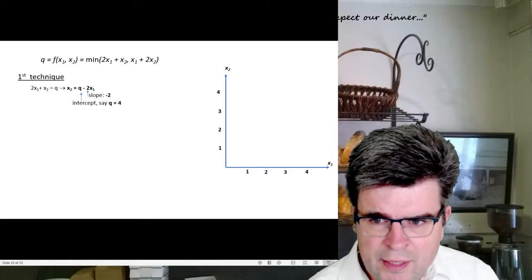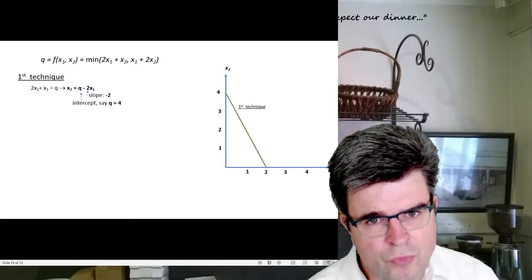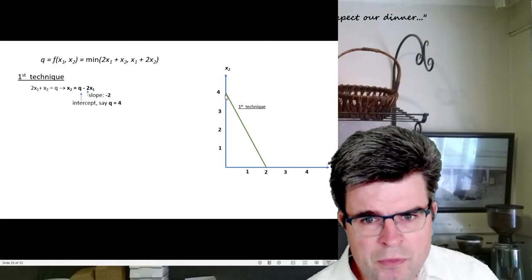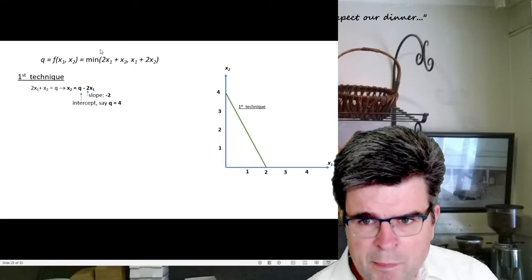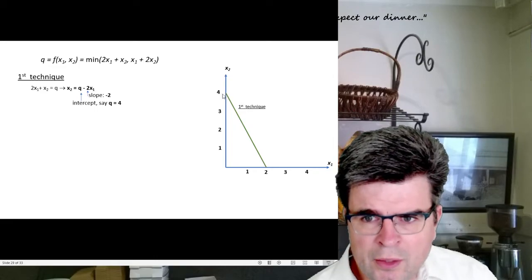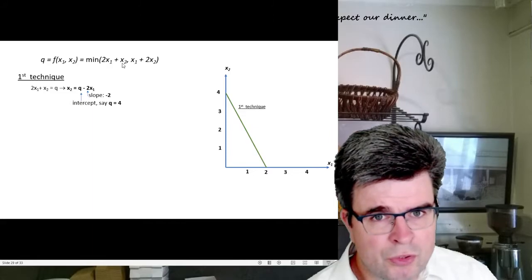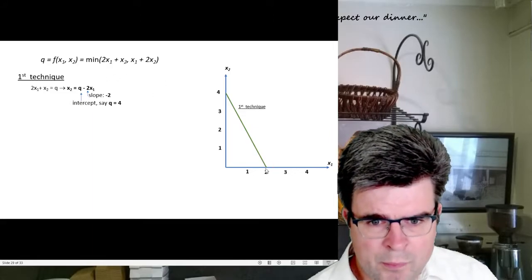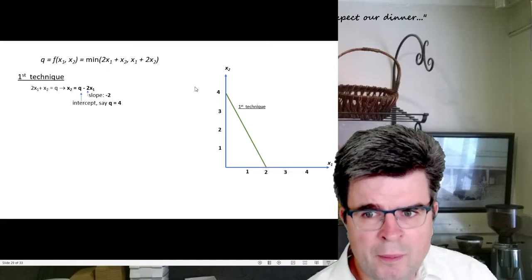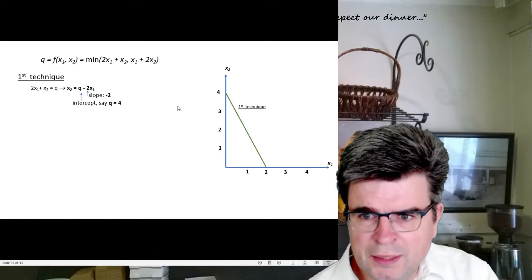So the first technique is associated with an isoquant that has the following form, and this one is for the particular output of 4 units. So if we would only depend on technique 1, we could produce 4 units of output by solely applying 4 units of production factor x2, or maybe only 2 units of the production factor x1, or a combination of x1 and x2. That is the first technique.